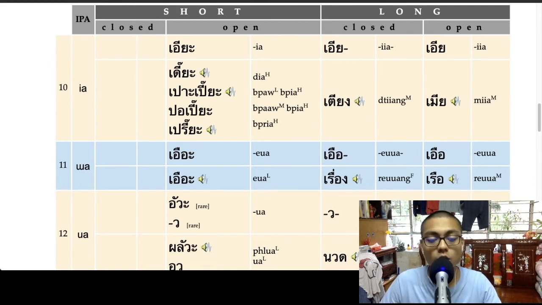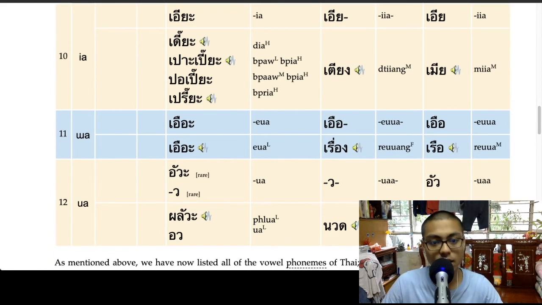Now, not all the vowels have all the categories. Here you can see there's no closed vowel for ia, and there's only open for short. For long, for both closed and open, we still have the sound ia.